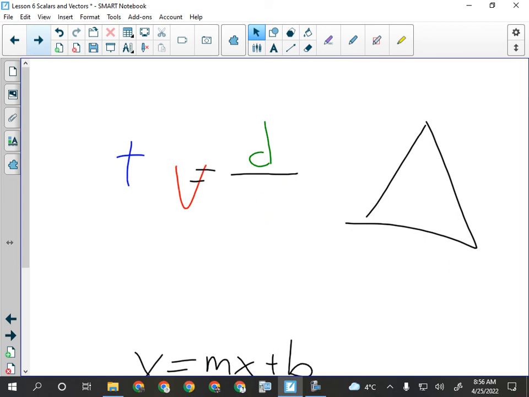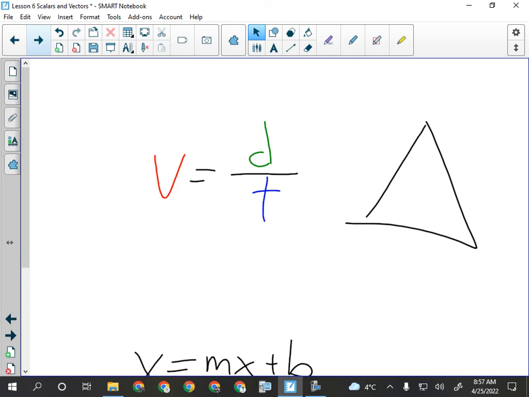Okay? Remember, our rules of algebra are, if I want to move something, I do the opposite operation. What I do to one side, I do to the other side. And I move what's not attached first, which won't apply to this formula, but it will apply to the next one. Okay, so those are the three rules of algebra.